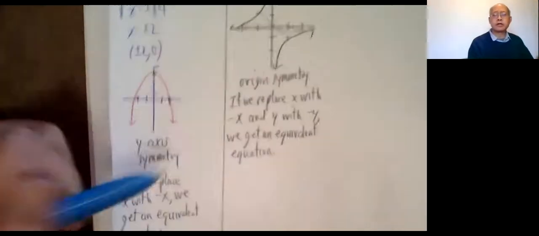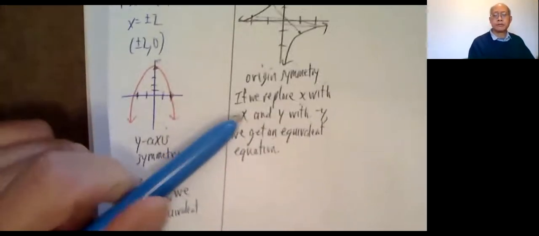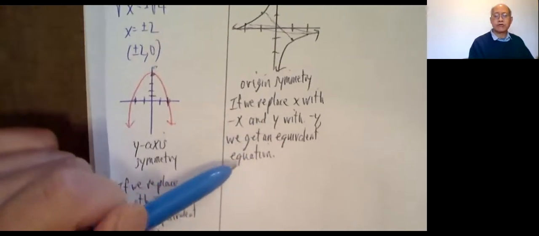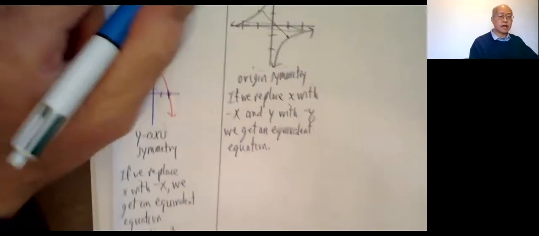Okay, so to have origin symmetry, if you replace x with negative x and y with negative y, we get an equivalent equation. Okay, so how does that work in this case?